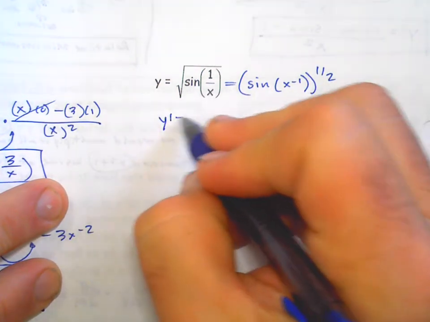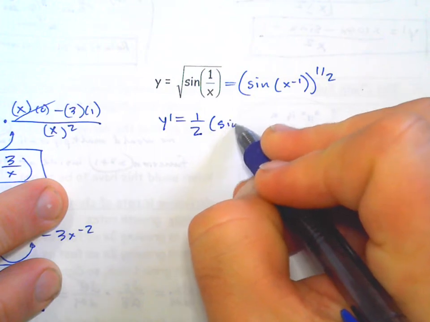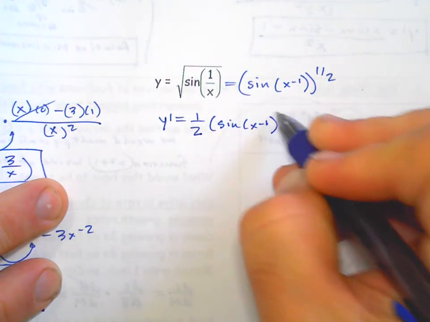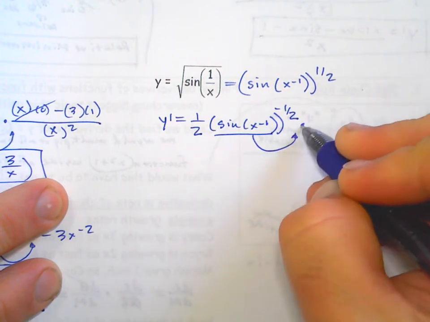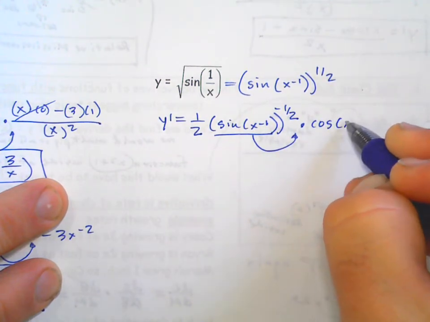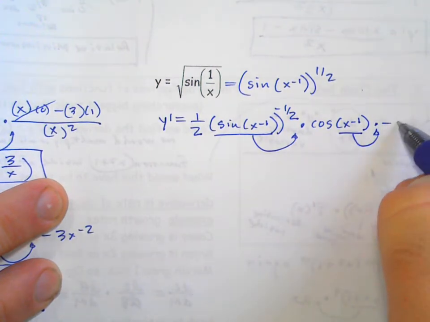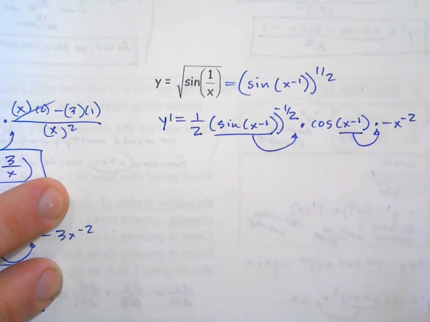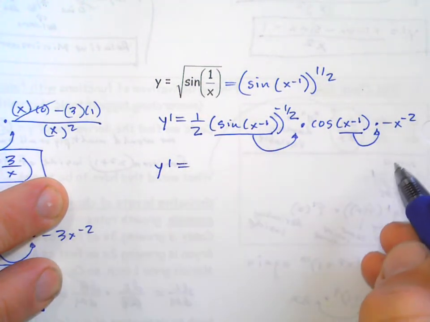It's going to be y prime equals, the outer rule is the power 1/2. Leave the inside the same. Decrease it by 1. Times the derivative of what's inside. Derivative of sine is cosine. Leave what's inside of it the same. And the derivative of what's inside of it is going to be negative x to the negative 2. So there you go. That's it. Now let's rewrite it nicer, no negative exponents.